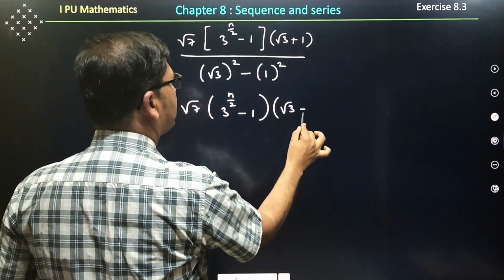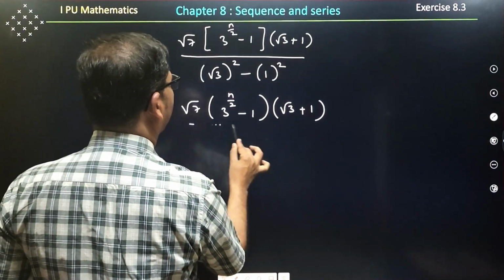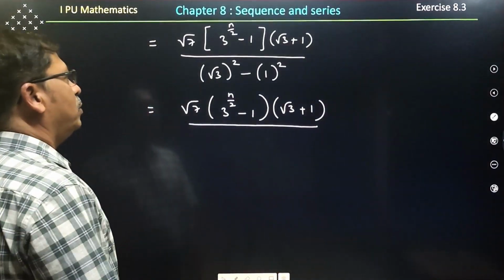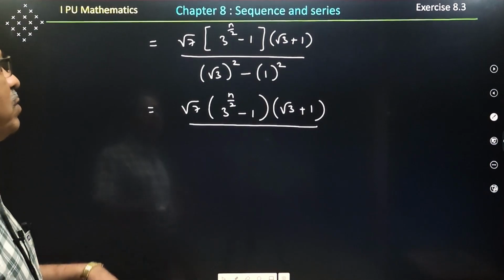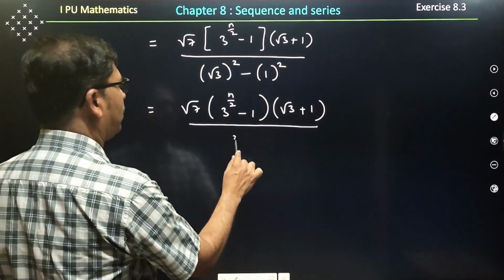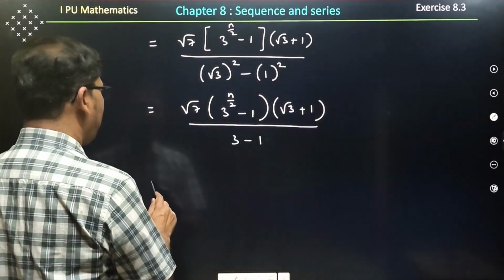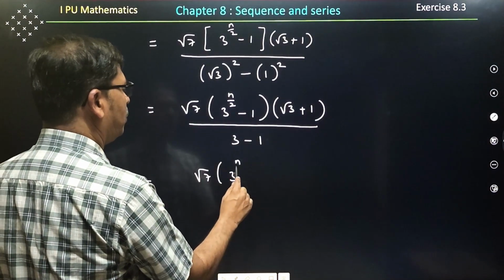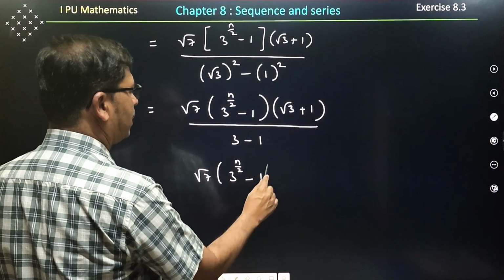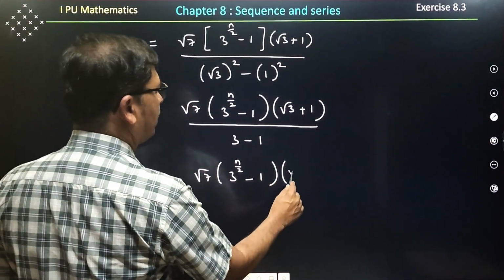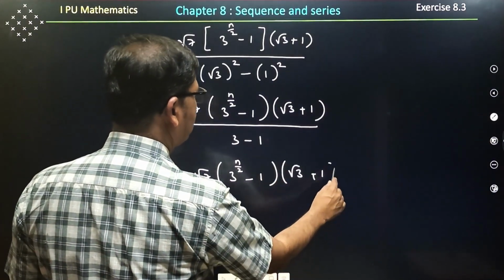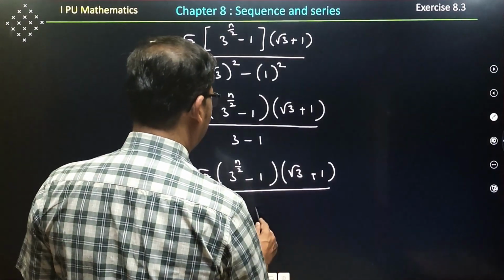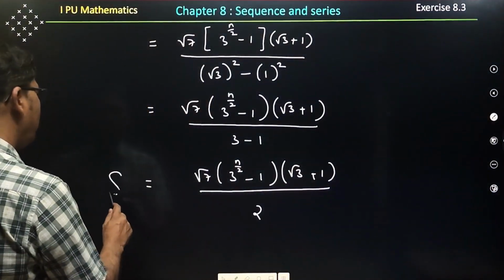So this is root 3 plus 1 and then divided by what to write? Root 3 bracket square is 3, 1 square is 1 only. So 3 minus 1 you need to write. So the last step of calculation: root 7 into bracket 3 to the power n by 2 minus 1 into bracket root 3 plus 1 whole divided by 3 minus 1, which is equal to 2 you will get here. So this is what the sum to n terms.